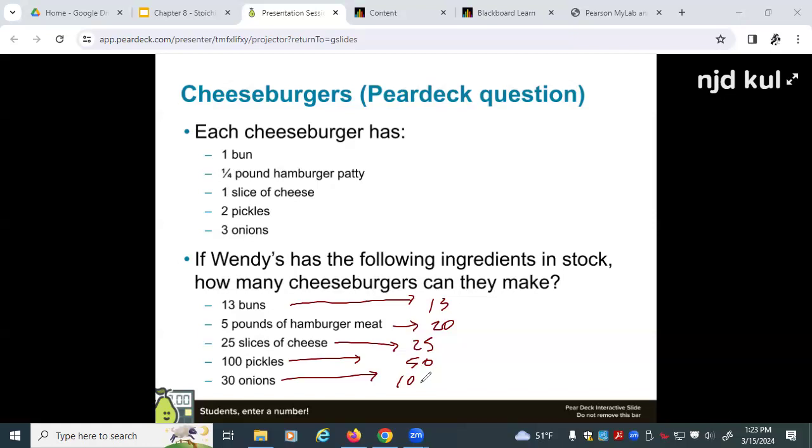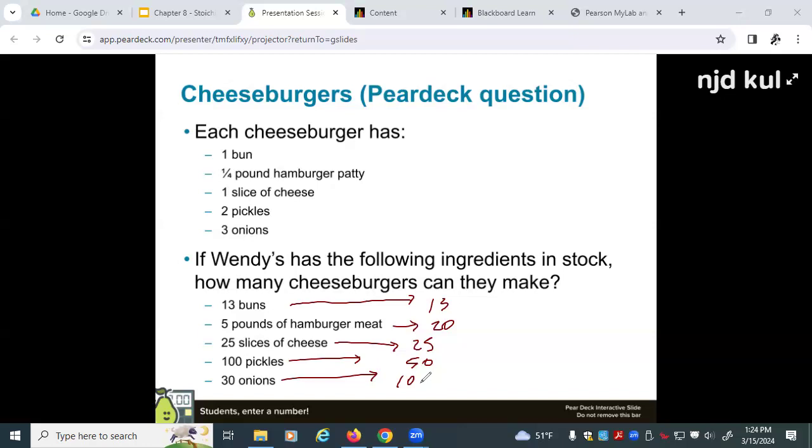Okay, so the correct answer here is 10. As soon as I run out of onions, I'm no longer going to have a cheeseburger, at least according to the recipe that we set out for cheeseburgers. Now, could you make an argument that you still have a cheeseburger if it doesn't have onions? Yes, technically, but that's not the point of this particular exercise.